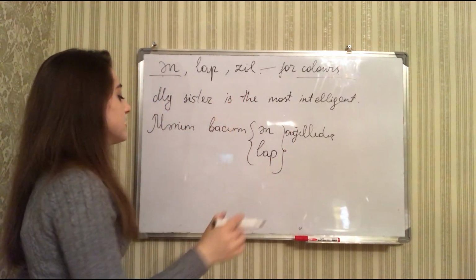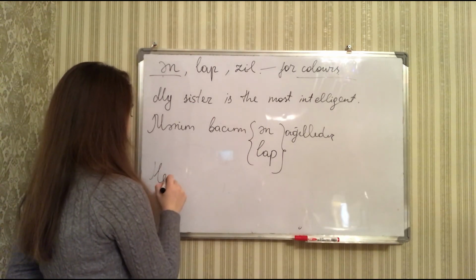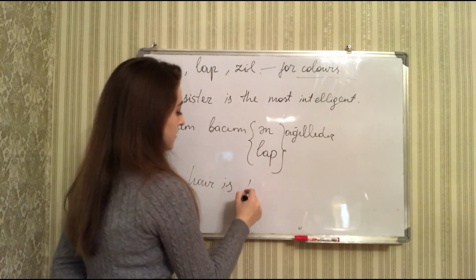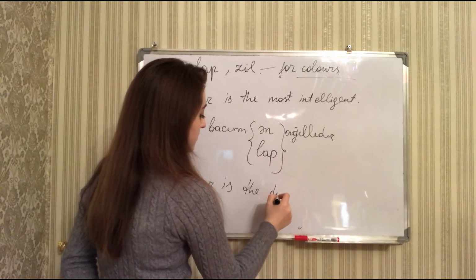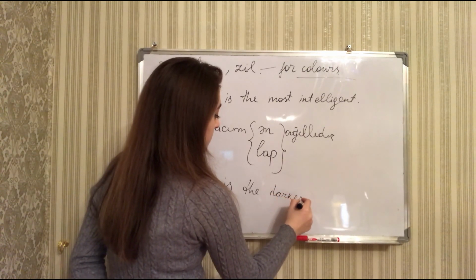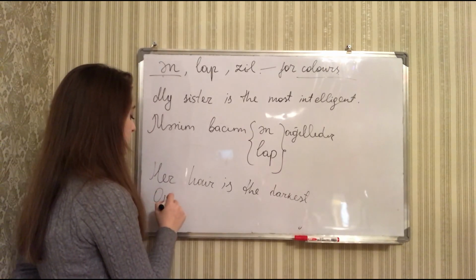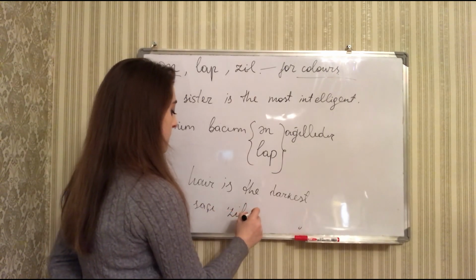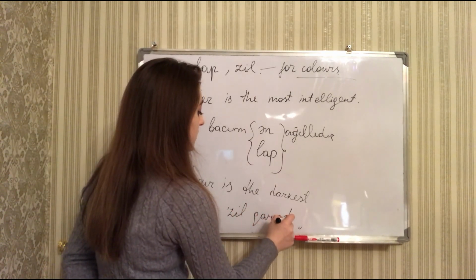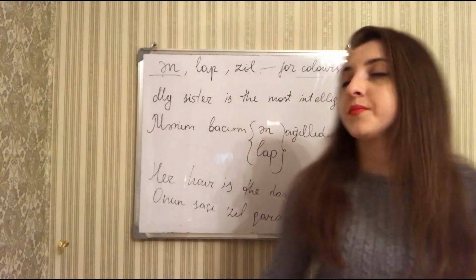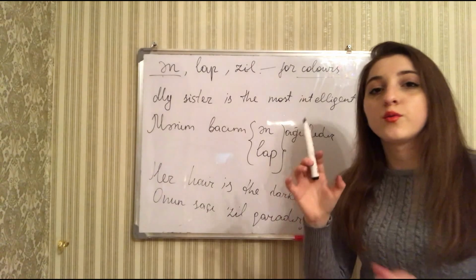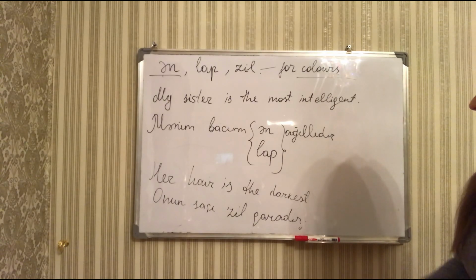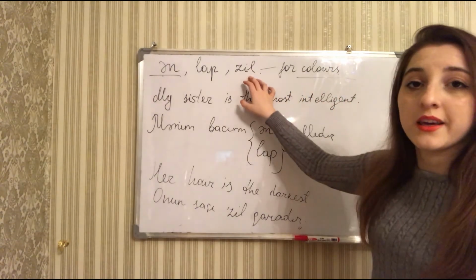Let's use this word zil. Her hair is the darkest. Onun saçı zil qaradır. So we can use ən, lap, zil for superlative degrees of our adjectives. Okay, and for colors only we can use zil.